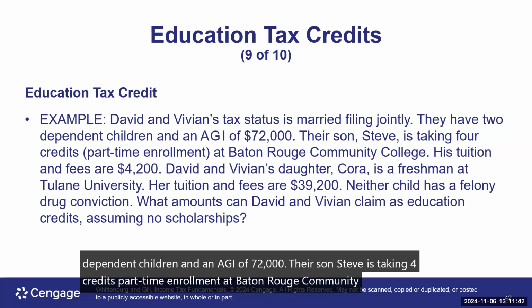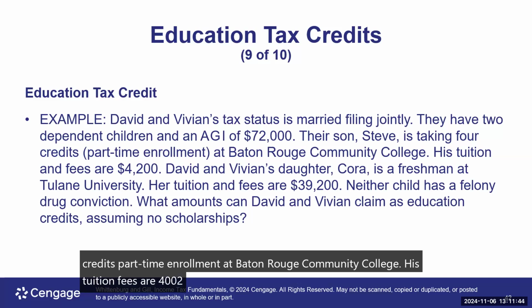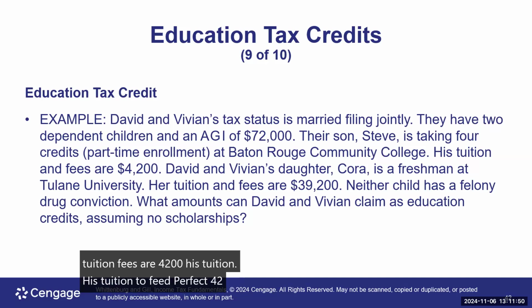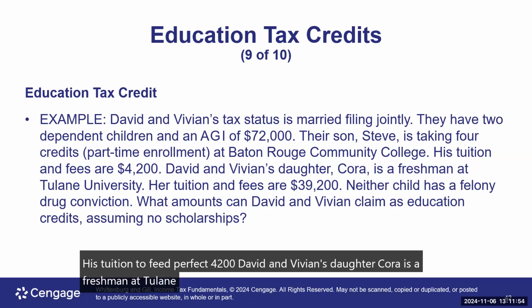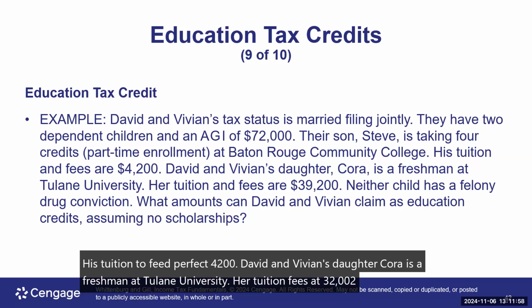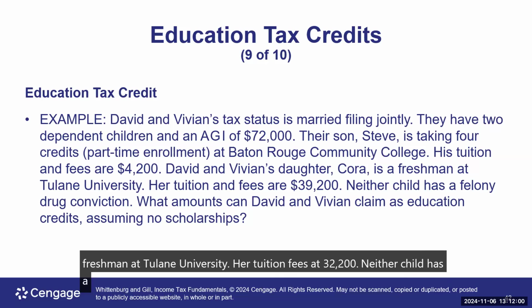His tuition and fees are $4,200. David and Vivian's daughter, Cora, is a freshman at Tulane University. Her tuition and fees are $32,200. Neither child has a felony drug conviction. What amounts can they claim?